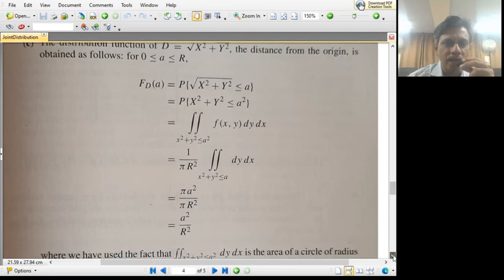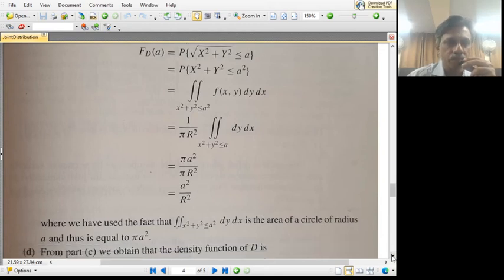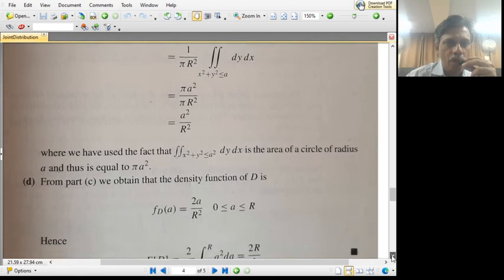So you would see that this is how the density function of the distance from origin gets transformed. Now, so this is the CDF. How do we get the density function? FD of a is just a differentiation. So you would get 2a by r squared for a lying between 0 and r.